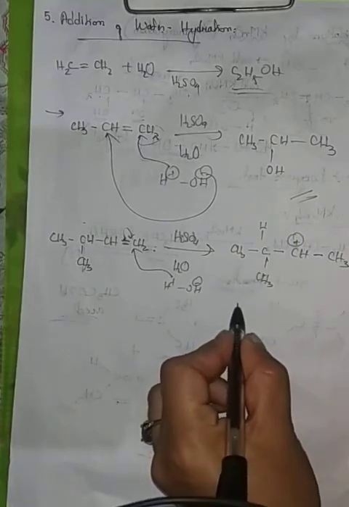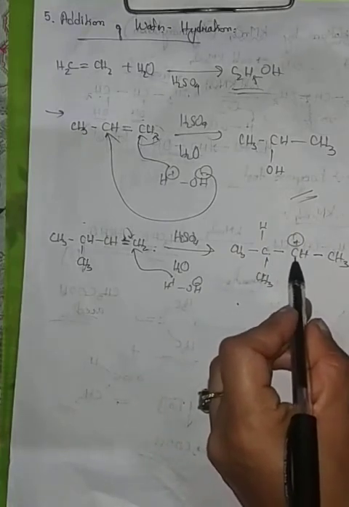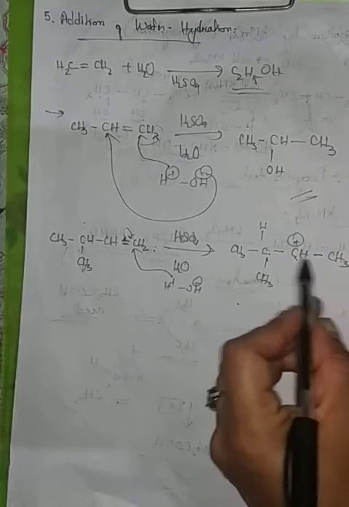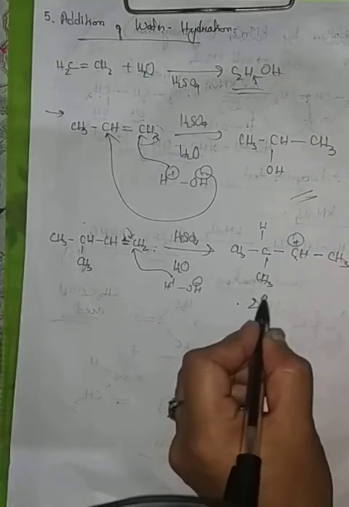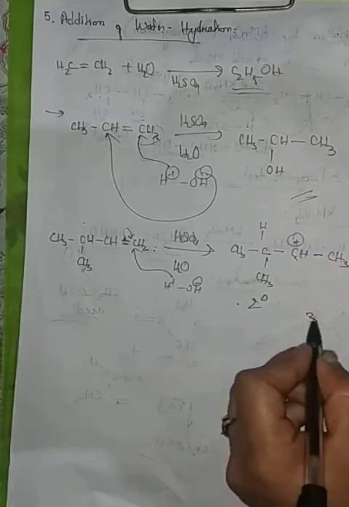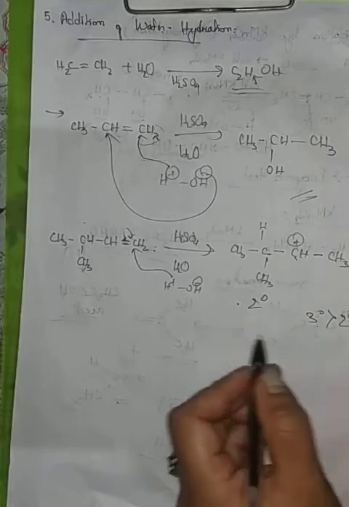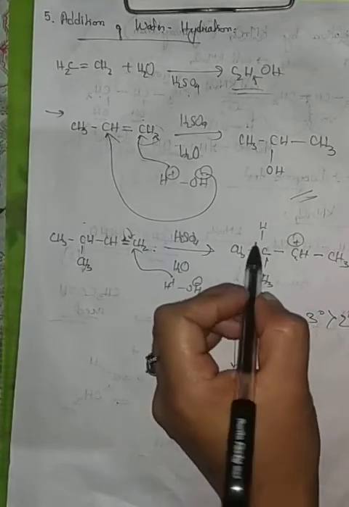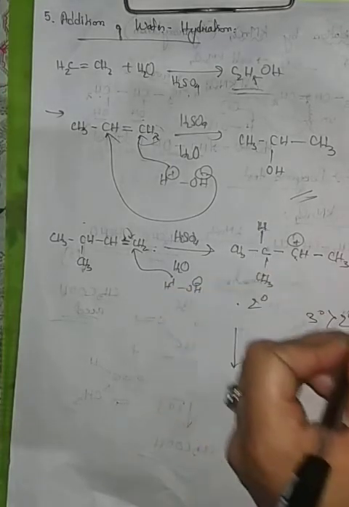Now we know that this is a secondary carbocation. Tertiary carbocations are more stable than secondary carbocations. Therefore to get a tertiary carbocation, there would be hydride transfer, meaning the transfer of this hydrogen.